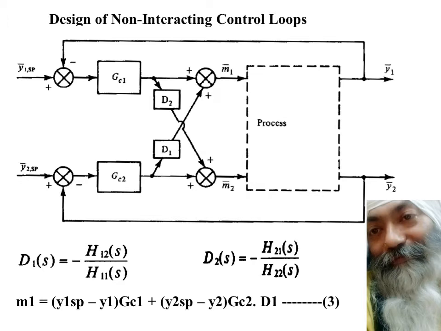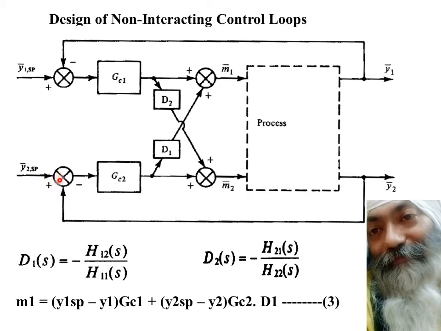Now let us see, under this situation, what is M1? This M1 is the final manipulated variable going to the process. It is the sum of two terms. The first term is the error, y1 minus y1sp, multiplied by gc1, the output coming from here. Along with it, you have another error, y2 minus y2sp, or just the opposite, y2sp minus y2.